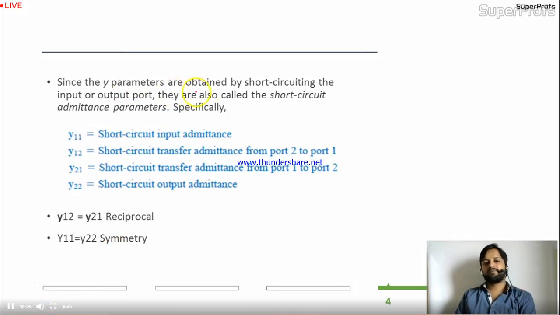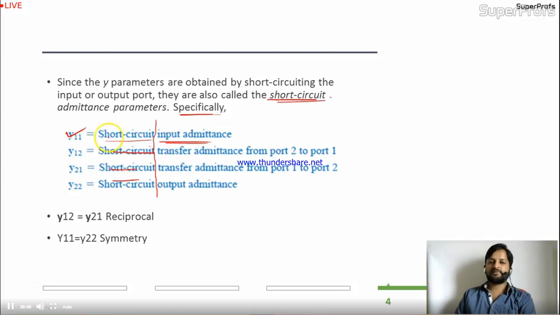Since the Y parameters are obtained by short circuiting the input or output port, they are also called the short circuit admittance parameters. Y11 is nothing but the input admittance.